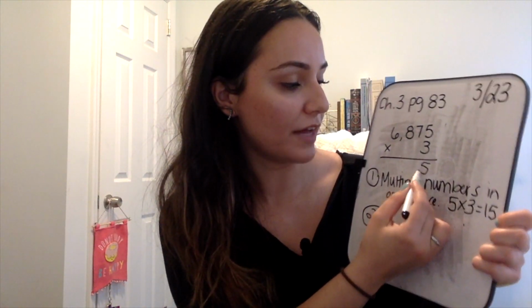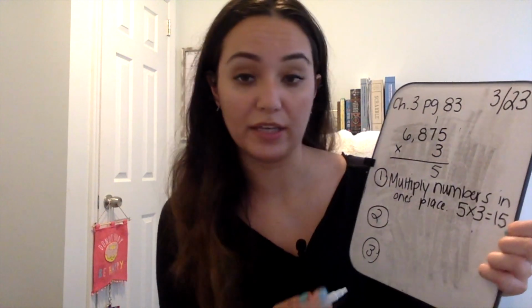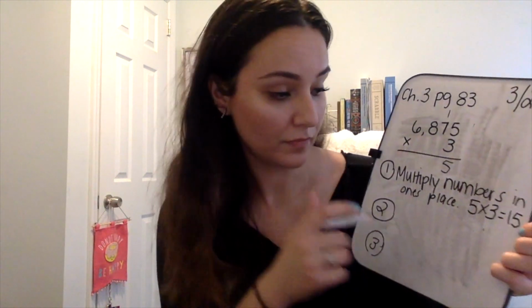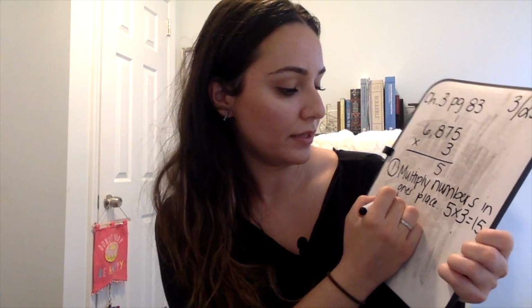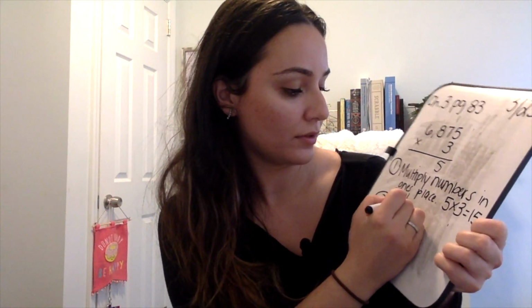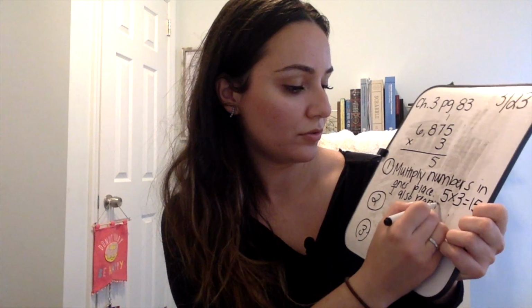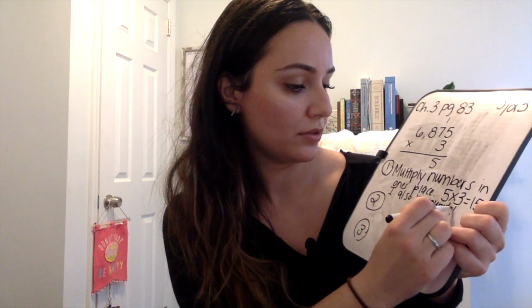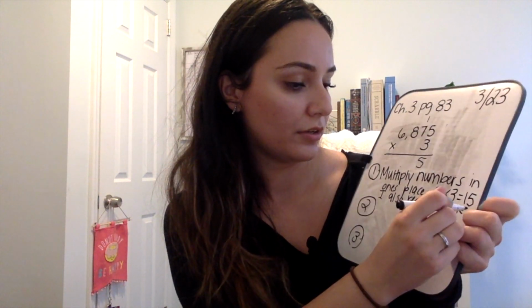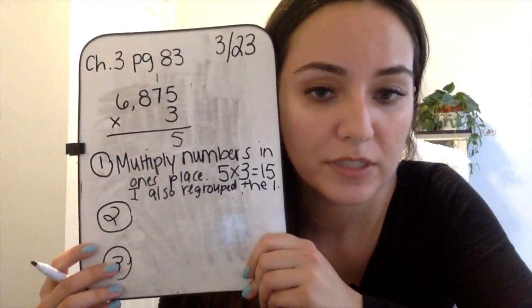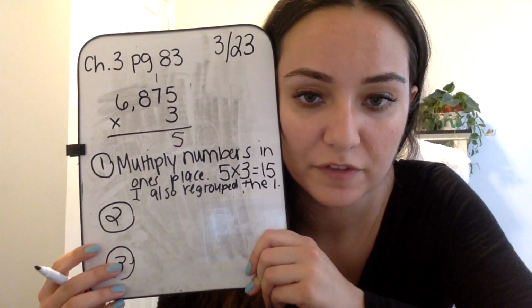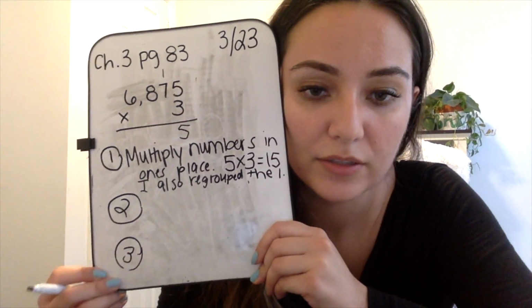So you leave the 5 and make sure you put that you regroup the 1. And then I'm going to put I also regrouped the 1, okay? So multiply numbers in the ones place. 5 times 3 gives me 15. I also regrouped the 1, okay?